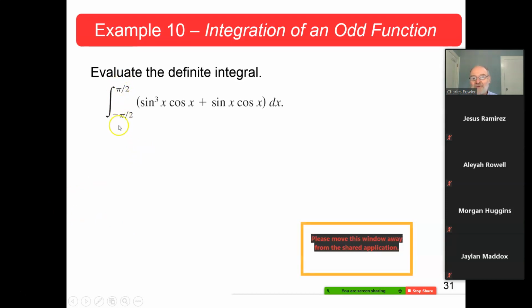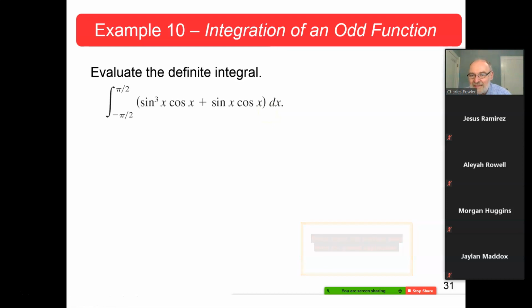Sure enough, we have a symmetric interval across the y-axis. Here you have sine cubed x cosine x plus sine x cosine x dx. Now, I don't know where to begin to try to break this down for you.